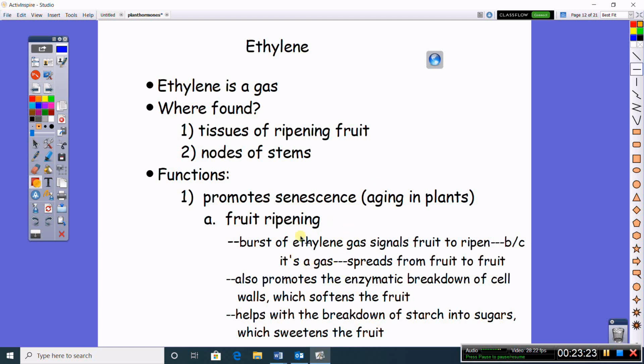The big thing is that ethylene is a gas. So let's say that you had a banana that wasn't quite as ripe as you would like it. If you put it in a paper bag with a ripened apple, even the time it takes from when you leave the house in the morning till lunchtime can be enough time for the apple to release its ethylene gas to cause the banana to ripen a little bit more.